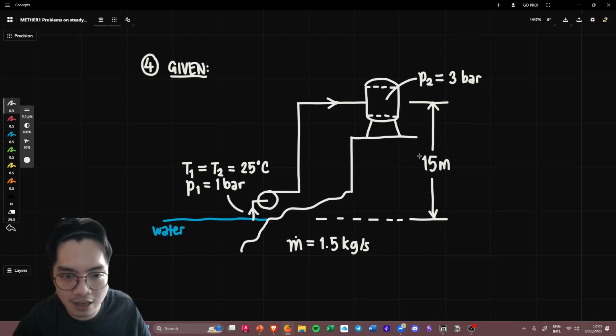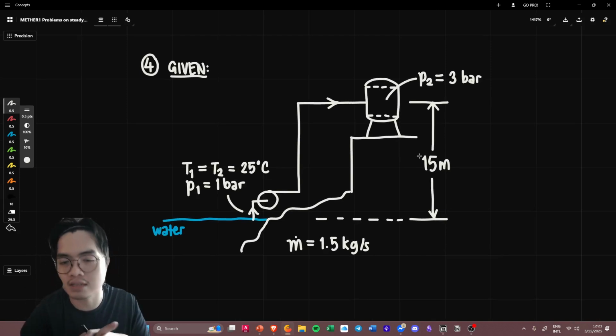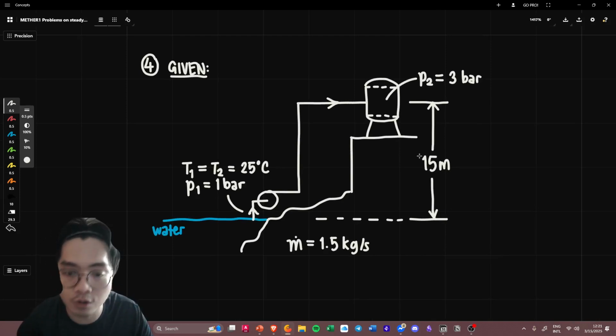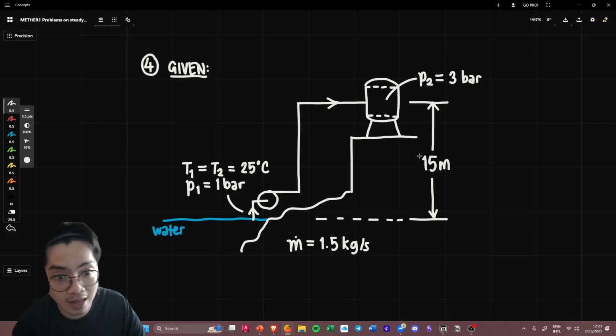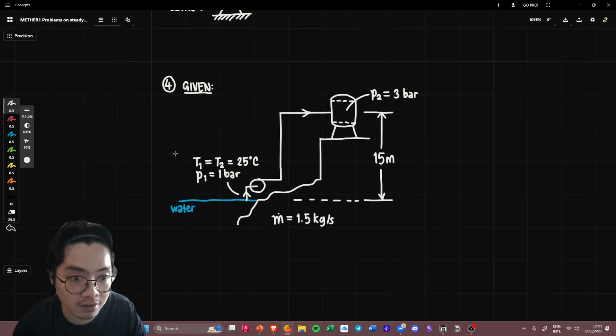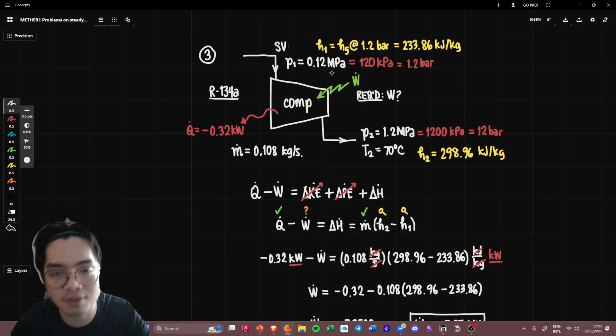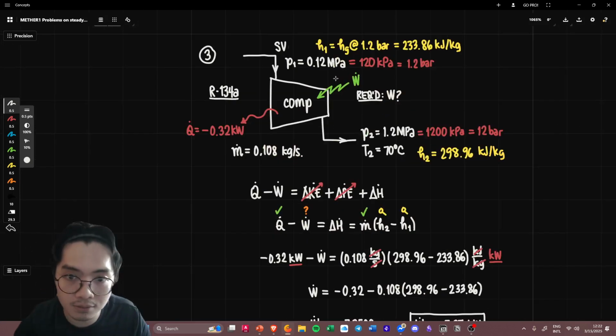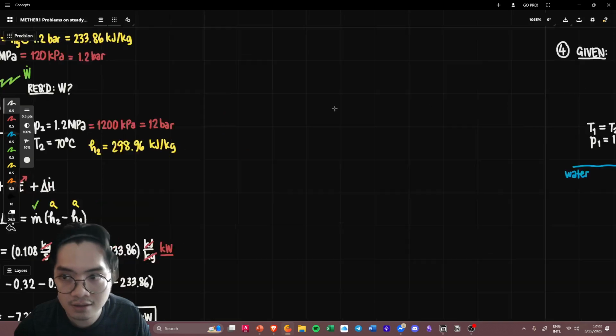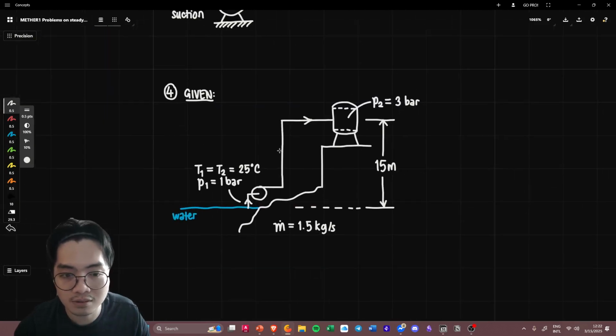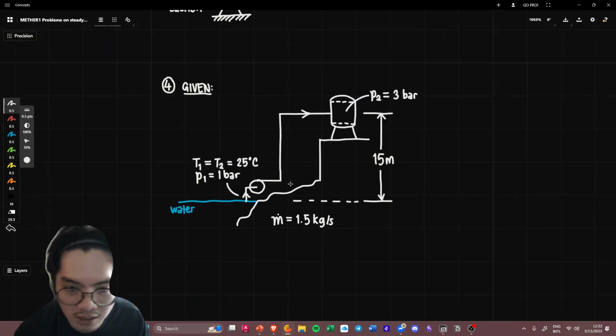It doesn't get compressed anymore. It doesn't turn into a superheated vapor, unlike this one, which was saturated vapor, and then you compress it, boom, it becomes superheated. This just stays water.